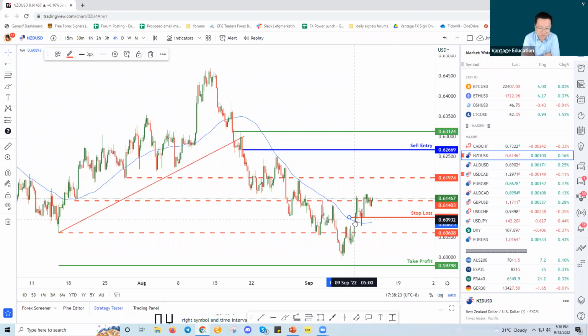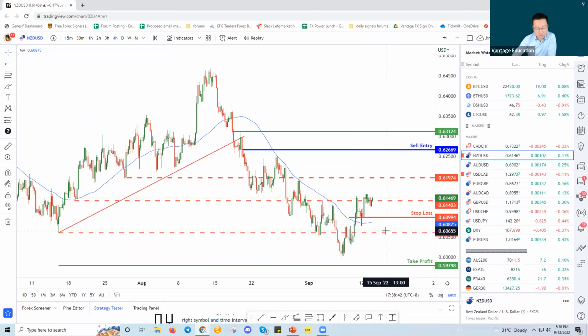I wouldn't look at the smaller, right? Because when you look at the smaller one, it might get a little bit confusing, or you might get caught up in short-term volatility. All right, so you'd move your trailing stop based on the H4. Answer your question there?